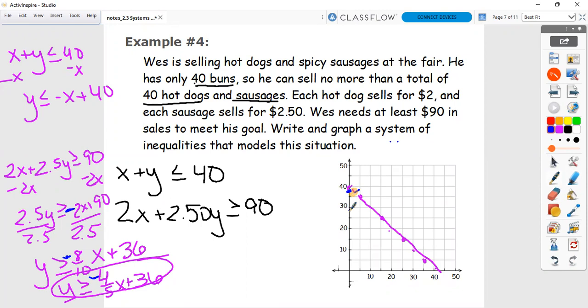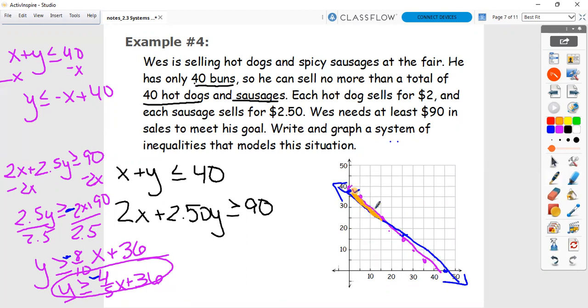So 1, 2, 1, 2, 3, 4. 1, 2, 3, 4, 5. Connect that with a solid line. There we go. And we need to shade above one and below the other. So we actually have a very teeny area that we would shade here, which is right here.